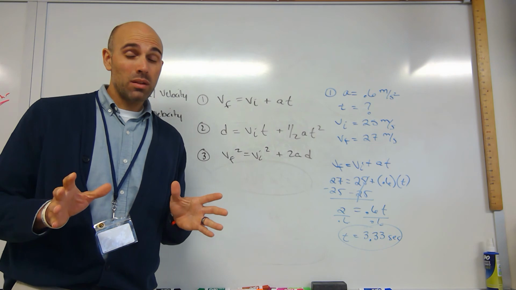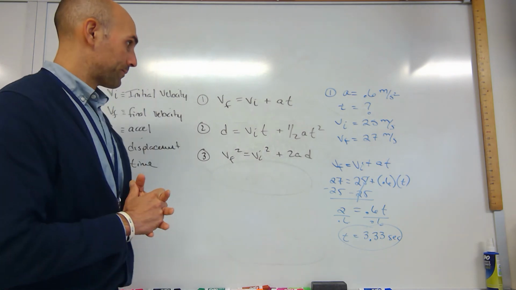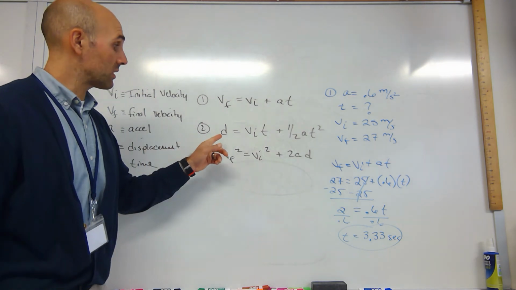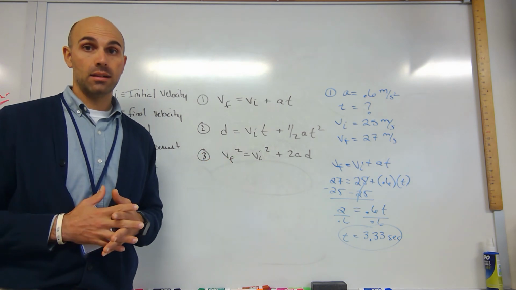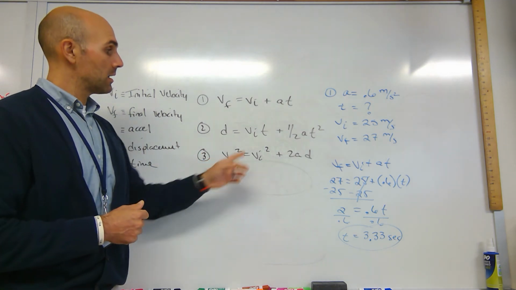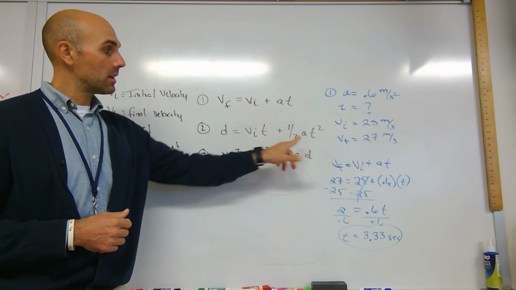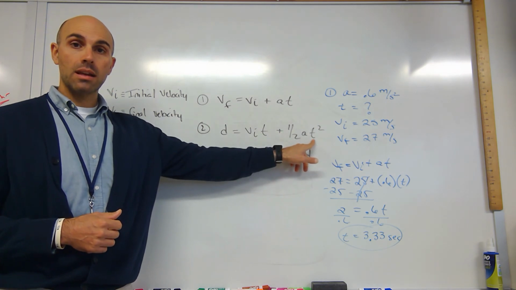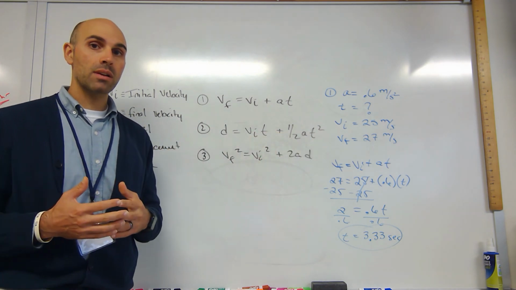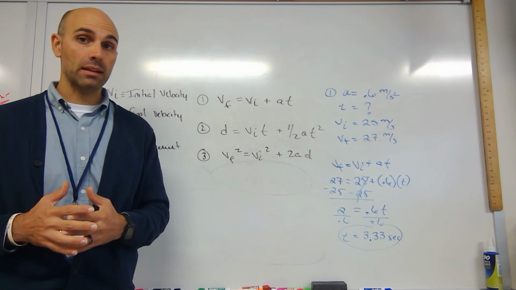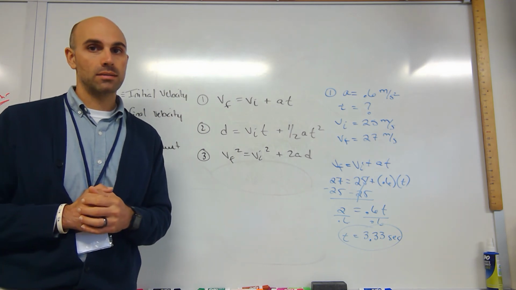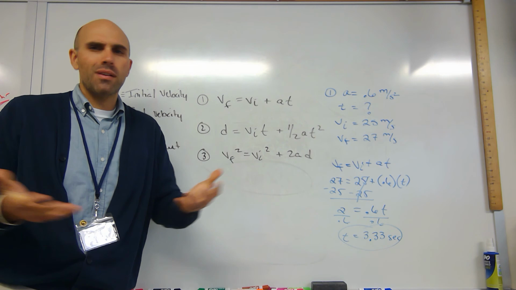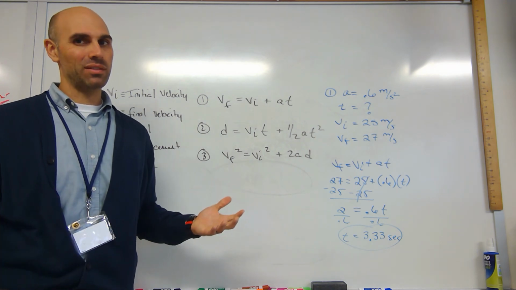One other thing that I want to make you very aware of. I wouldn't suggest using the second equation to solve for t. Why? Take a look. Here's the variable t. Here's the variable t. If you're using this equation to solve for time, you're essentially going to be solving a quadratic equation. And those just aren't fun. Physics is very fun, but solving for quadratics, not so fun.